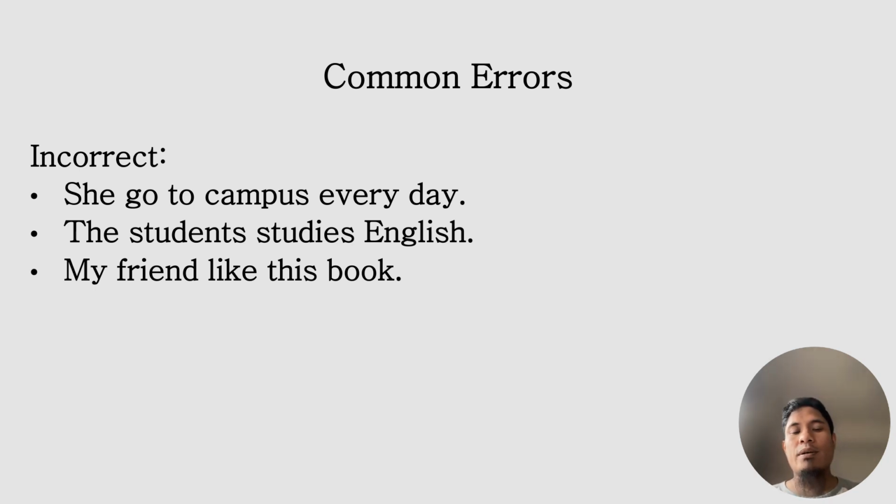Errors like this often happen because learners focus on the meaning of the sentence and forget to adjust the verb form. Even though the meaning may still be understandable, the grammar is not accurate.